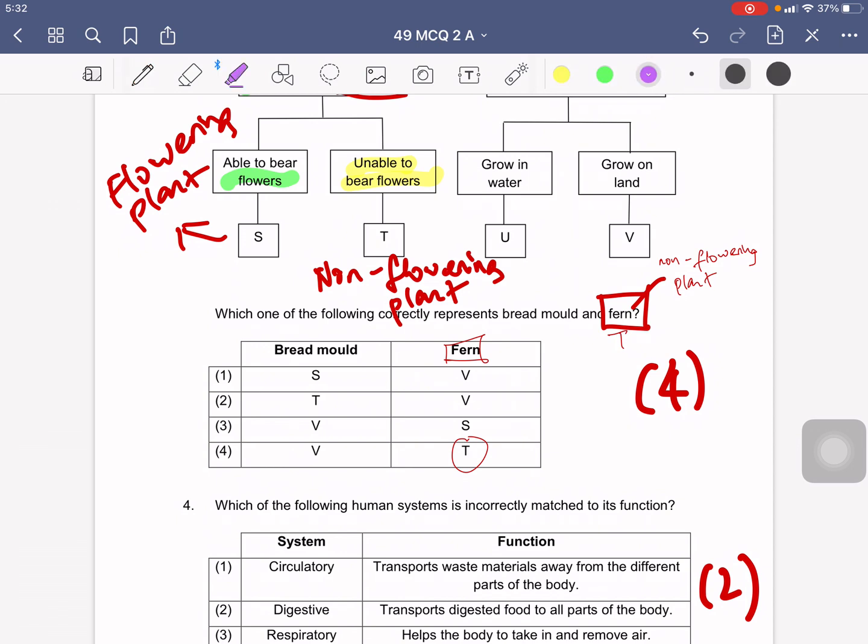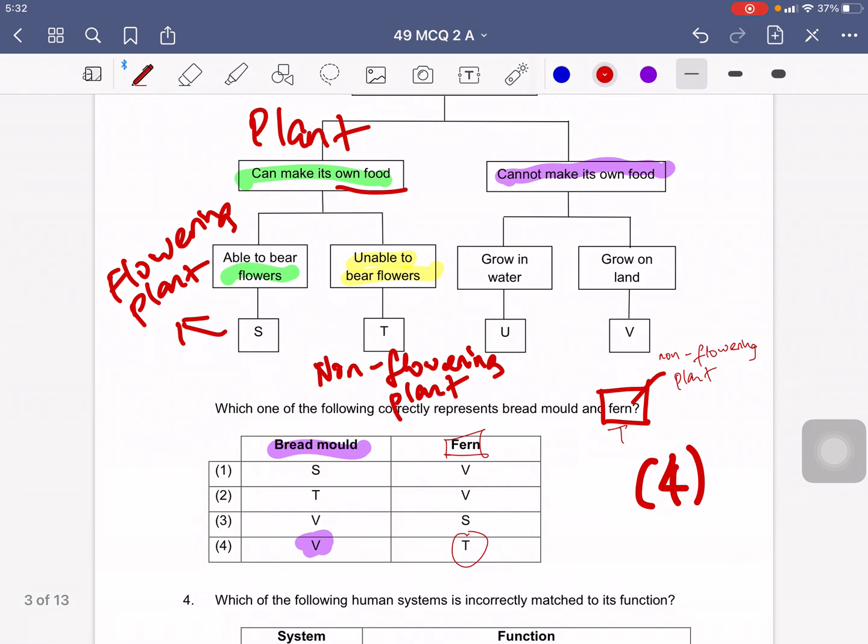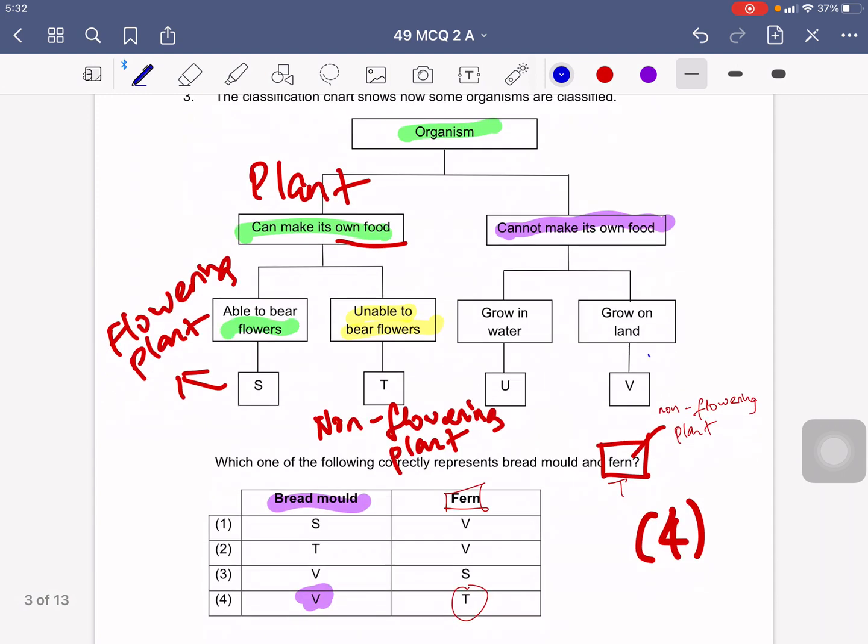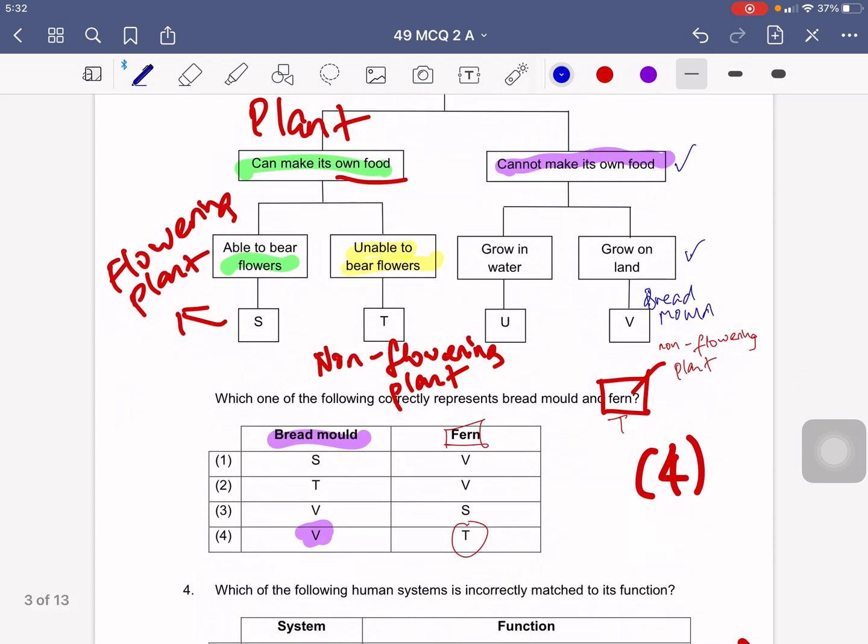But you still have to check. Bread mold, is it V? Bread mold is not a plant, so it cannot make its own food. Bread is on land, so it grows on land. That's correct, so the answer will be number 4.